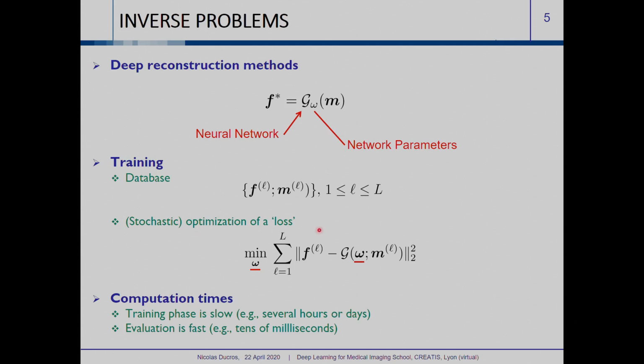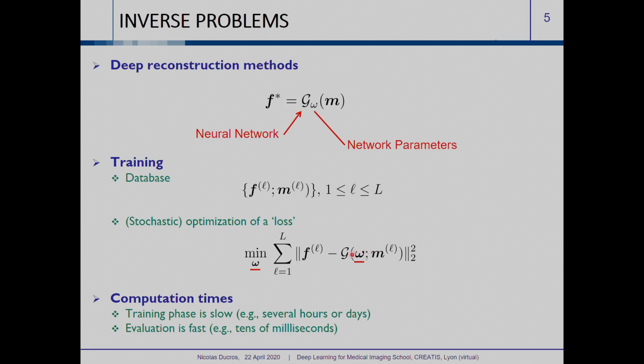To do so, you optimize the loss. So typically this loss is the difference between the true image f_l and the output of the network. Here the output of the network is the same network as this one. I just put the parameters of the network inside the parenthesis, but it's exactly the same network.